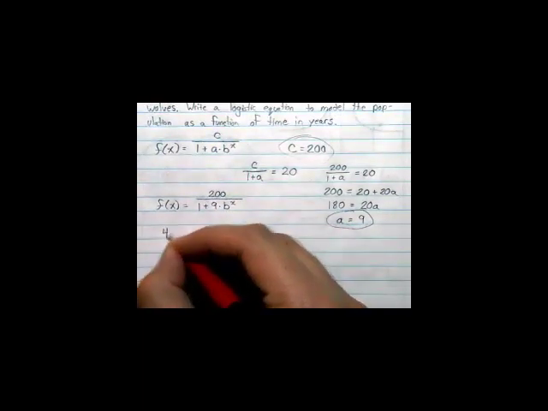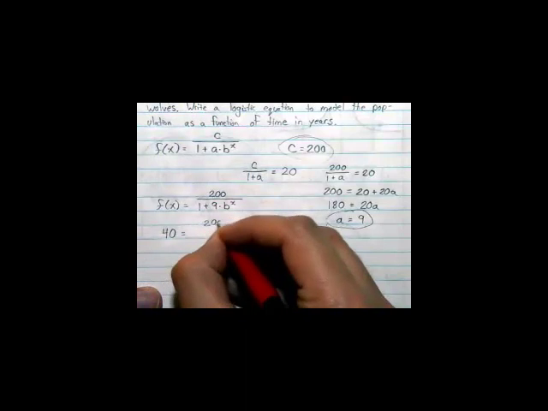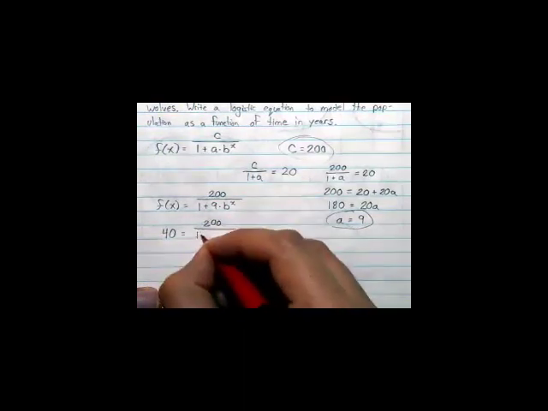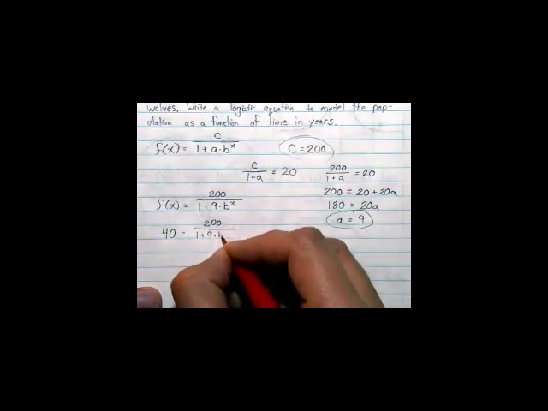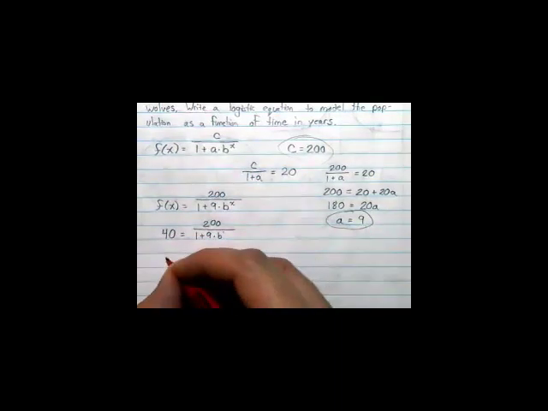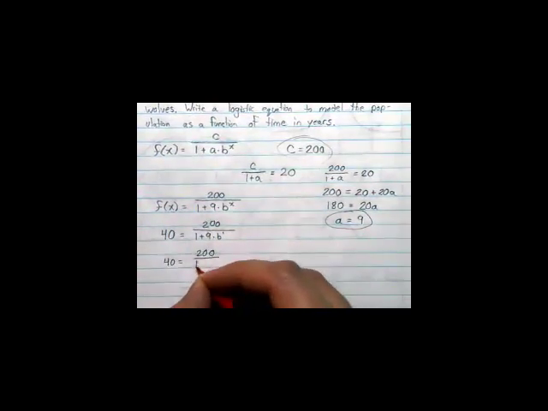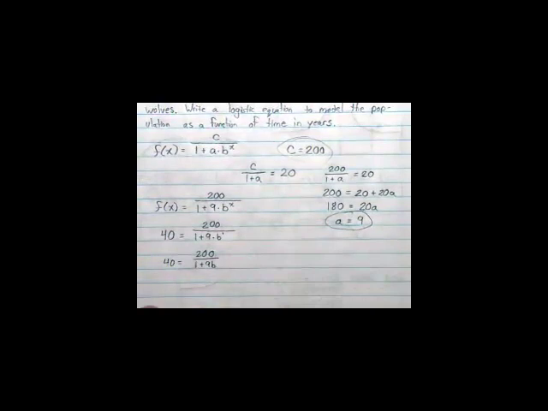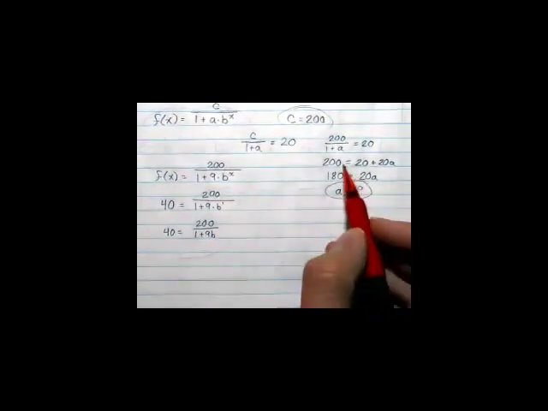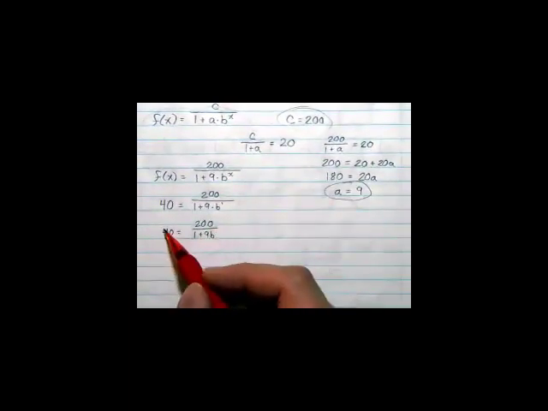So yeah, let's do that. We'll plug in and then solve for b. So 40 equals 200 over 1 plus 9 times b to the first power. So we've got 40 equals 200 over 1 plus 9b. So we're in a similar situation as with the A thing there. I got to solve this for b, but we can approach it the same way, right? I can just multiply this denominator up over to the 40.